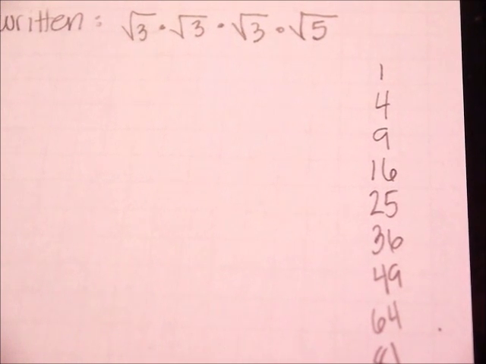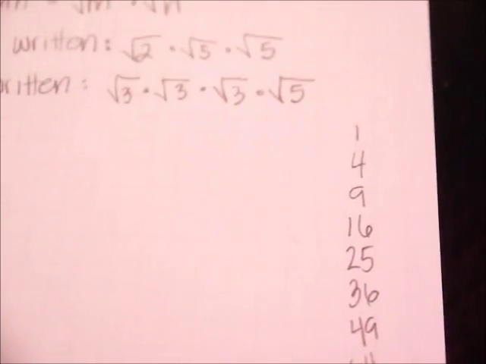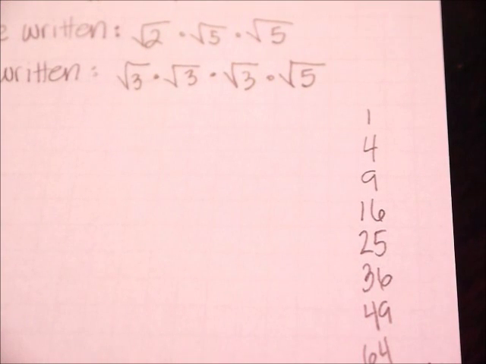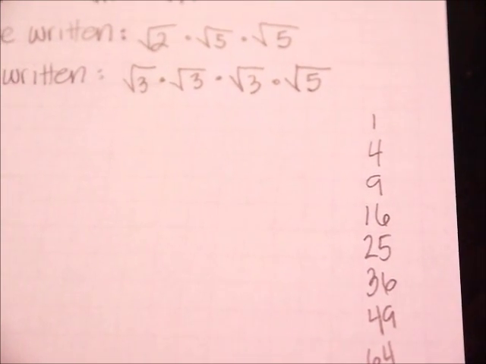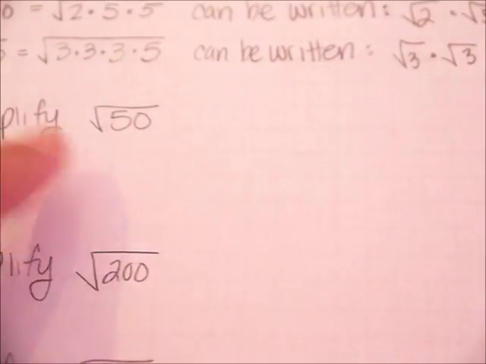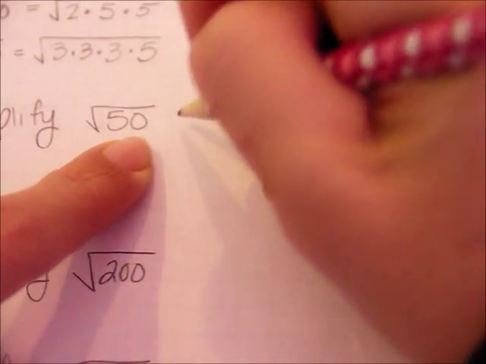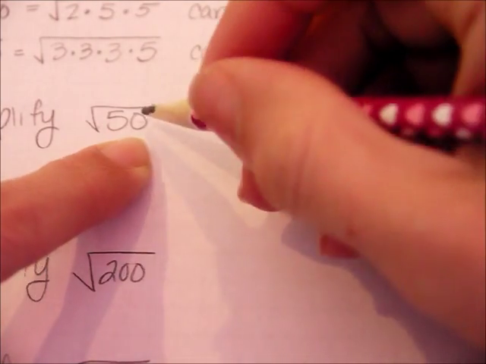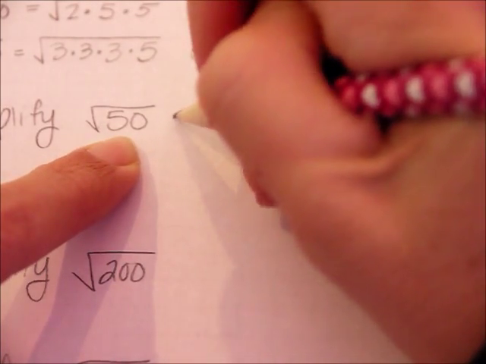Perfect squares. And whenever we get a number that we want to simplify, like square root of 50 in this case, we are going to use what we know. What perfect squares, from that list, go into 50?